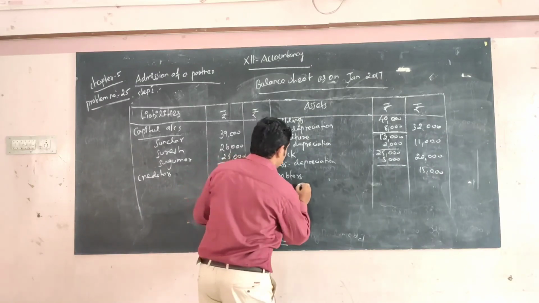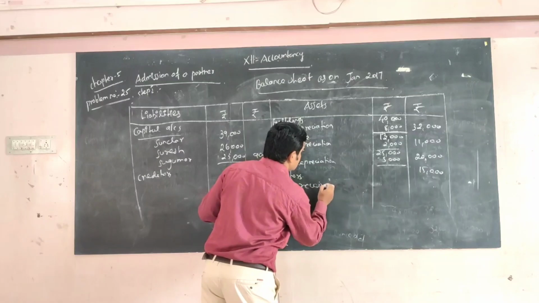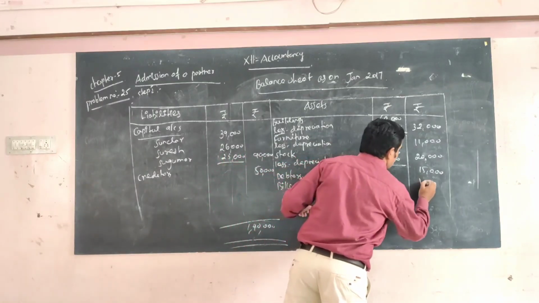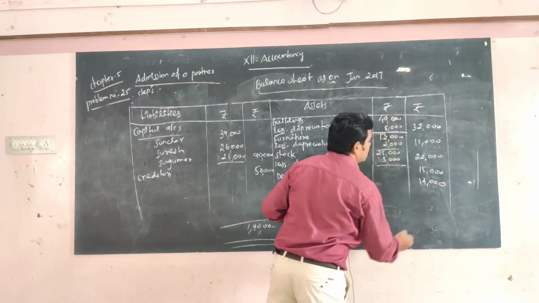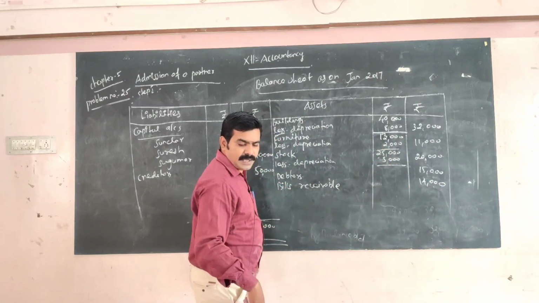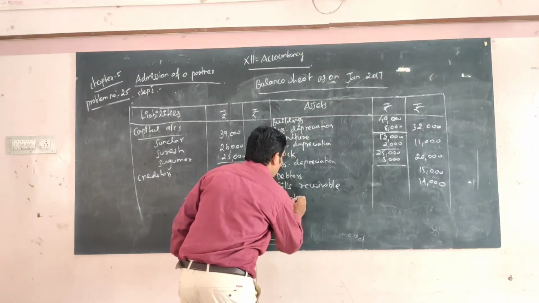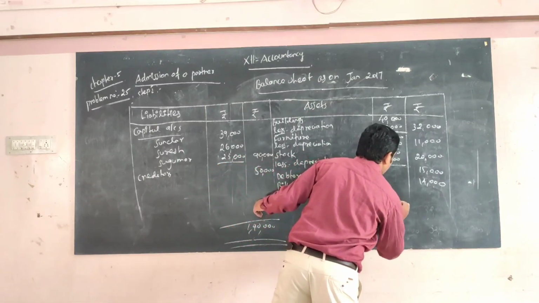Bills receivable, the amount is 14,000. Next, bank 18,000.